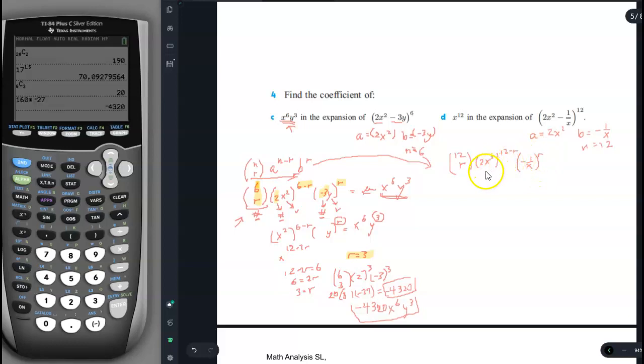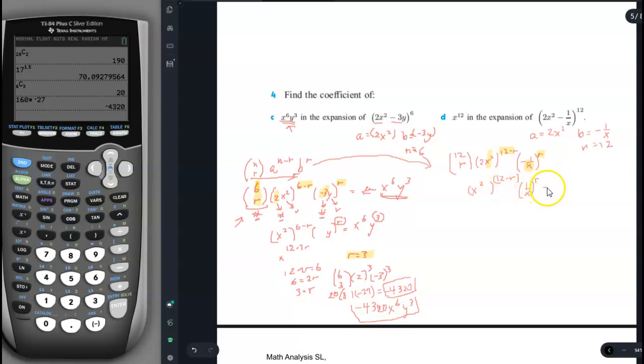Now, which part of this is the variable part? The variable part would be this part and this part, right, and the exponents. So I'm going to write that part out. X squared to the 12 minus r, and then I'm going to have 1 over x to the r.